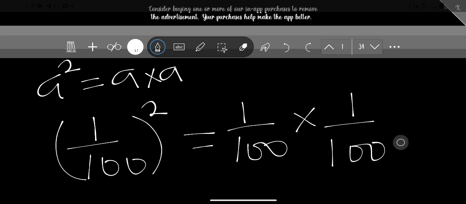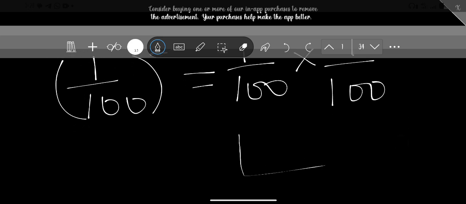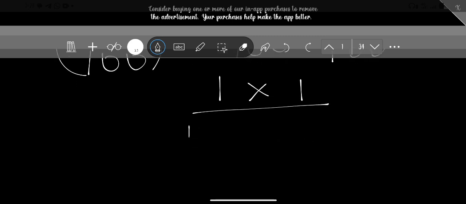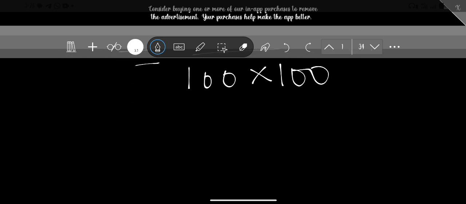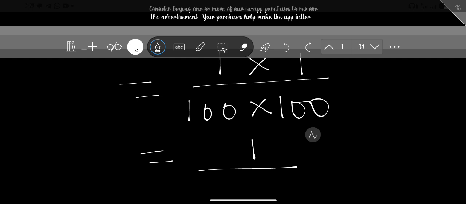This simplifies to 1 times 1 over 100 times 100. So 1 times 1 is 1 over, and I believe we know how to do this kind of multiplication, a quick one.